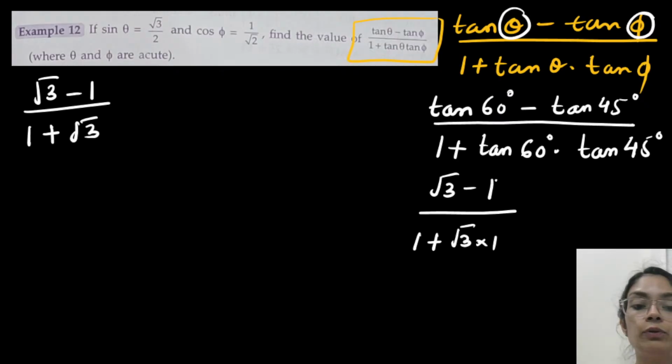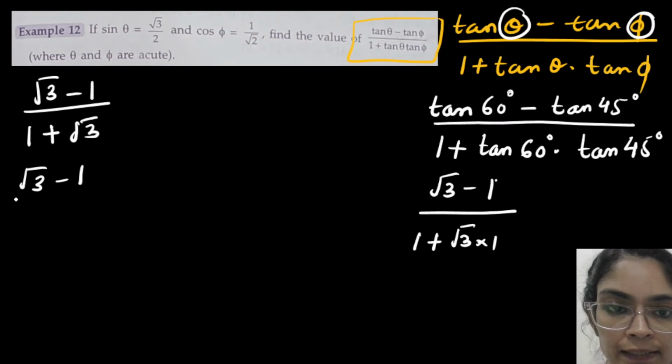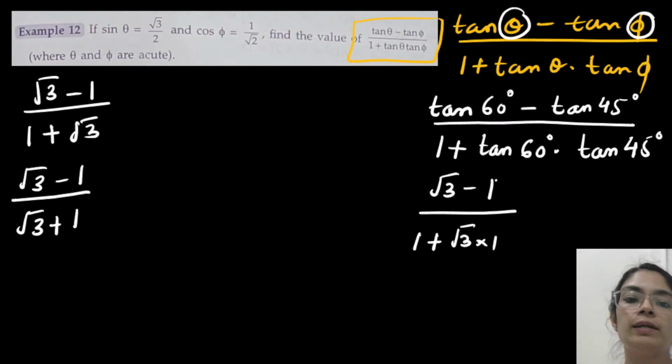We just have to do rationalization here, because whenever a denominator is an irrational number, we have to simplify it by using the concept of rationalization. So first of all I'll change the way of writing here. This I will write as (root 3 minus 1) by (root 3 plus 1). See, plus is commutative.